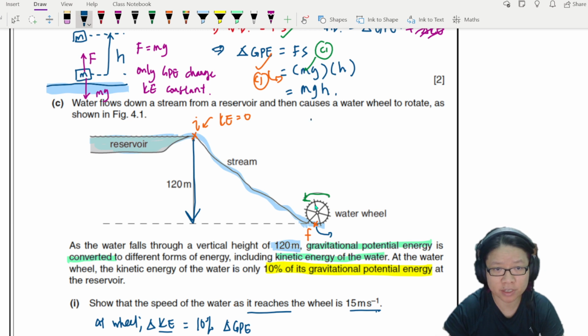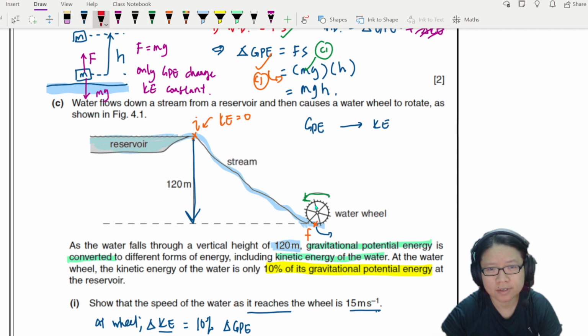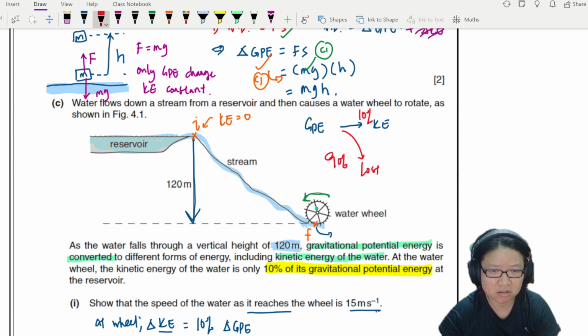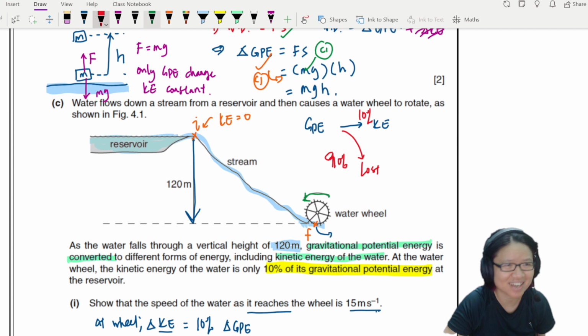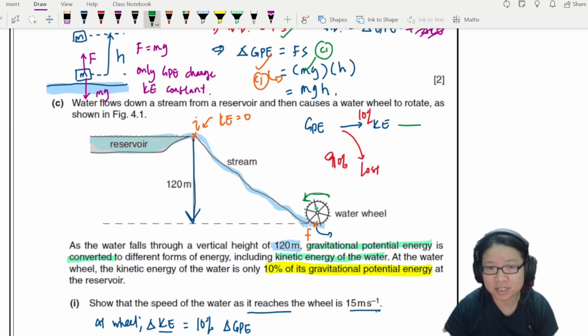So what we have now is GPE to KE, but 90% is lost, so this is 10%. 90% is lost as heat, collision, sound. A river can be quite noisy, right?